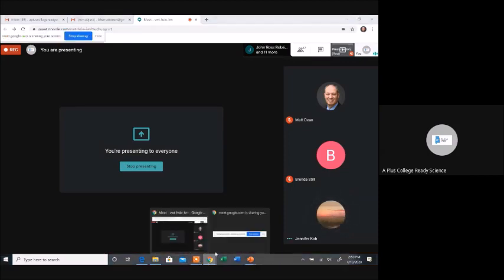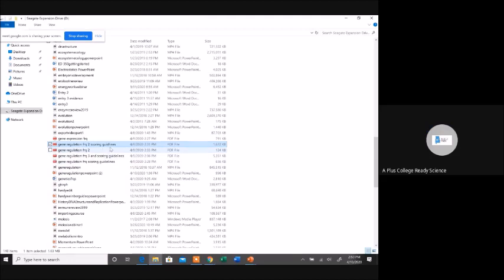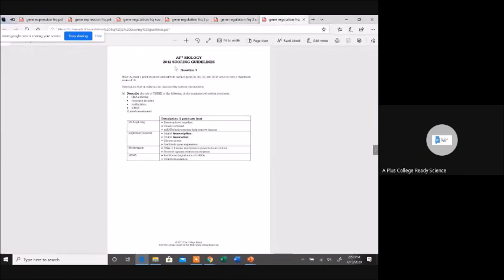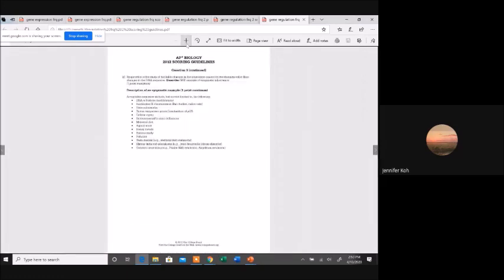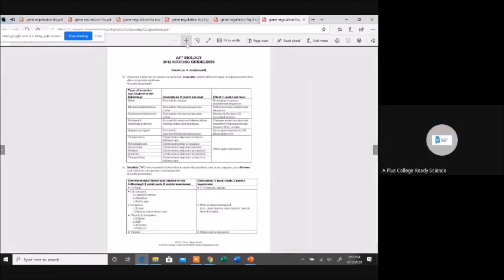So let me pull back up the question real quick. Just a second to get there. So notice C specifically is talking about environmental factors that increase mutation rates. So there it's specifically asking about outside the body kinds of things, mutagens.